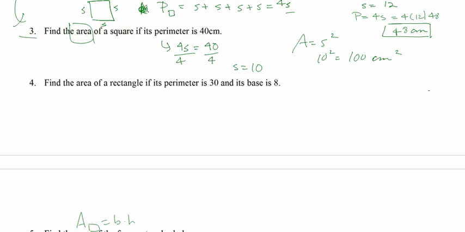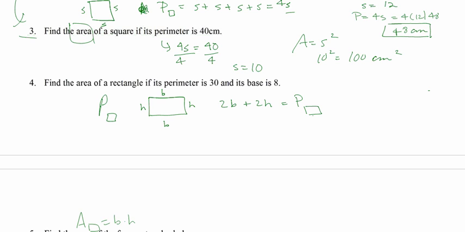Next, number 4, find the area of a rectangle if its perimeter is 30 and its base is 8. Okay, we haven't talked about perimeter of a rectangle. If you look at a rectangle, we've got a base here and the same measurement here. We've got a height here and a height here, so you may recall that it looks like this. 2b plus 2h gives you the perimeter of a rectangle.